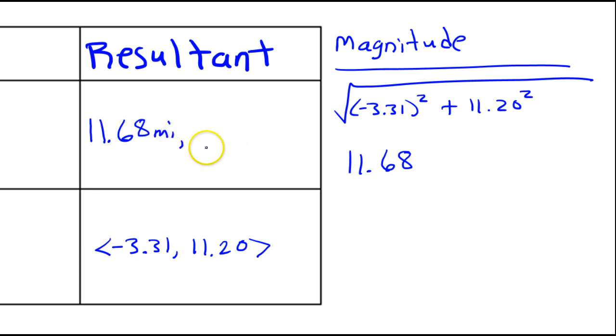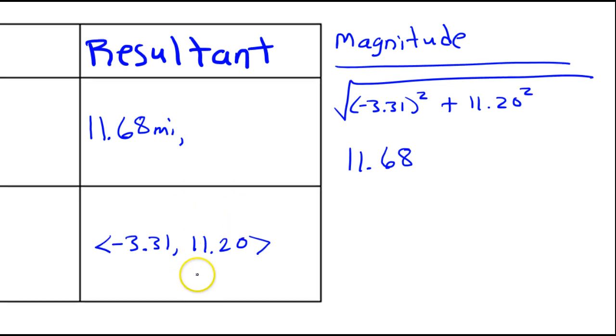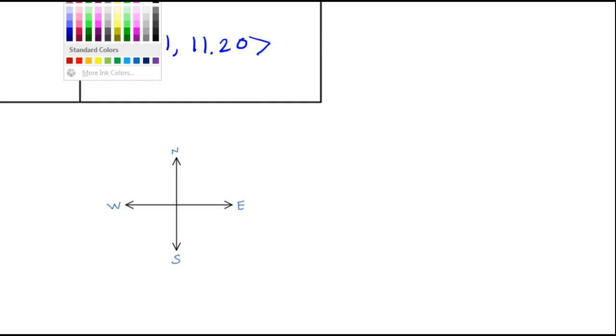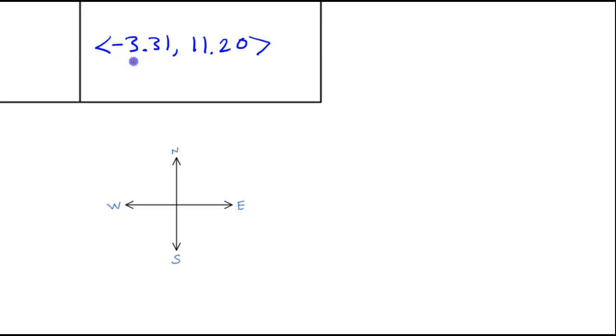Now we need the overall direction of the trip. So we need to take this component form and convert this into a direction. The horizontal component is negative, the vertical component is positive. That means we are west and north. So our vector is in the second quadrant.